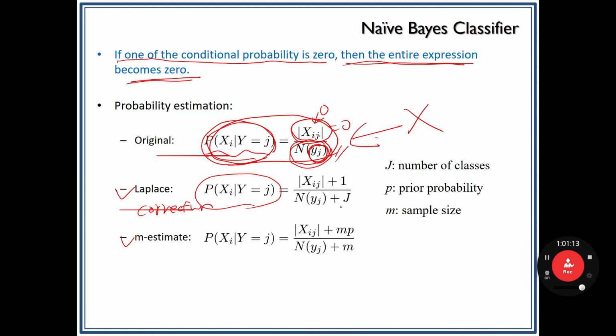So we add the number of classes, J, to the denominator, and we add 1 to the numerator. So even though this count is 0, the numerator is still 1, so it's not 0, even though this value is pretty small. The intuition behind this correction is that among j observations, it's possible to have at least one observation having this specific x value.